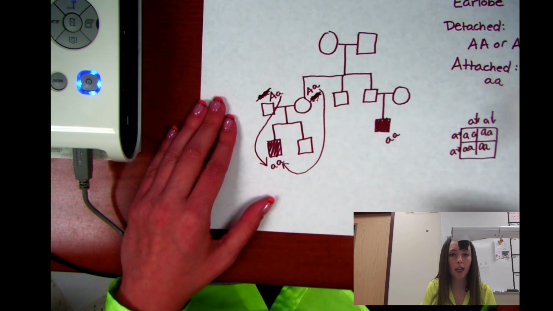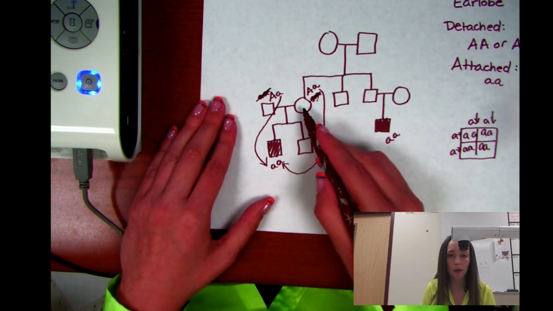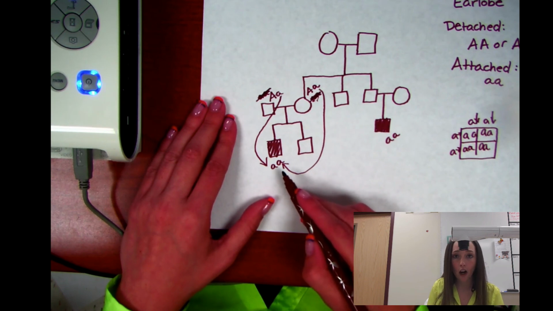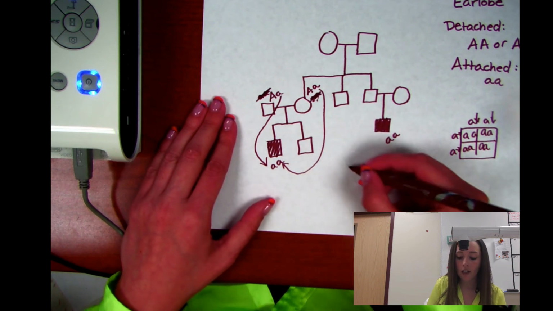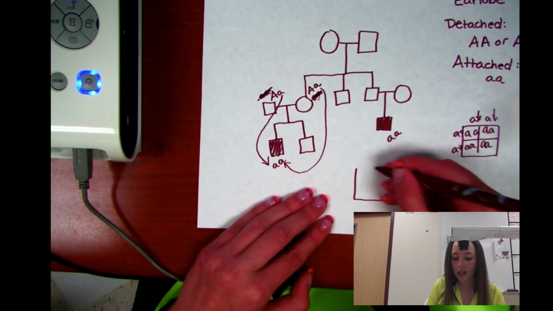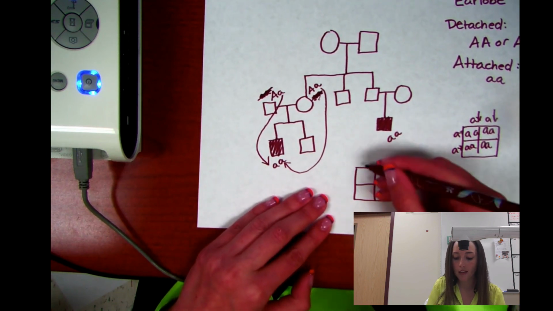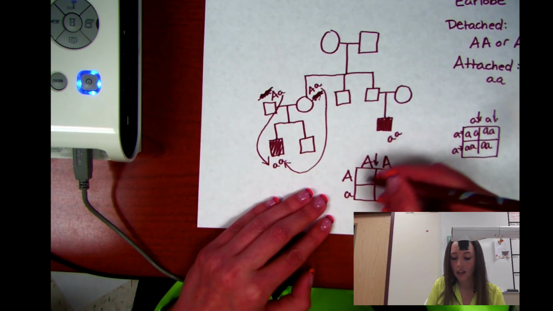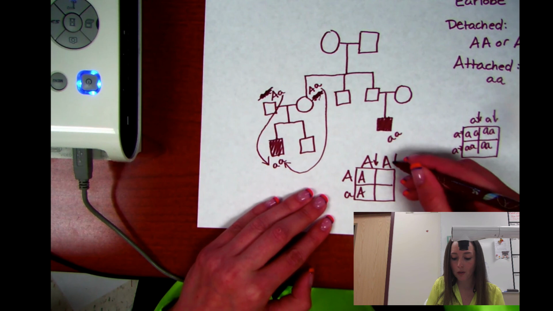You can't have a parent that's homozygous dominant because it would be impossible for them to have a kid that has a recessive trait. And I'll show you again, if you had a parent that was homozygous dominant and a parent that was heterozygous, I'll go ahead and do this Punnett square.